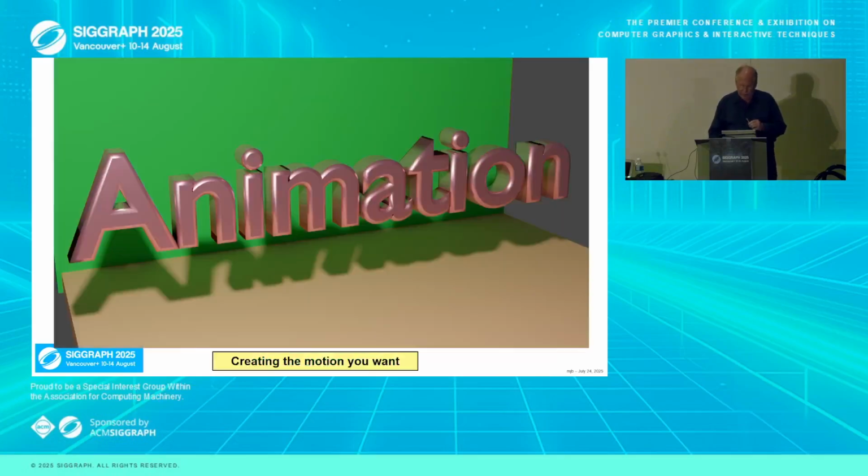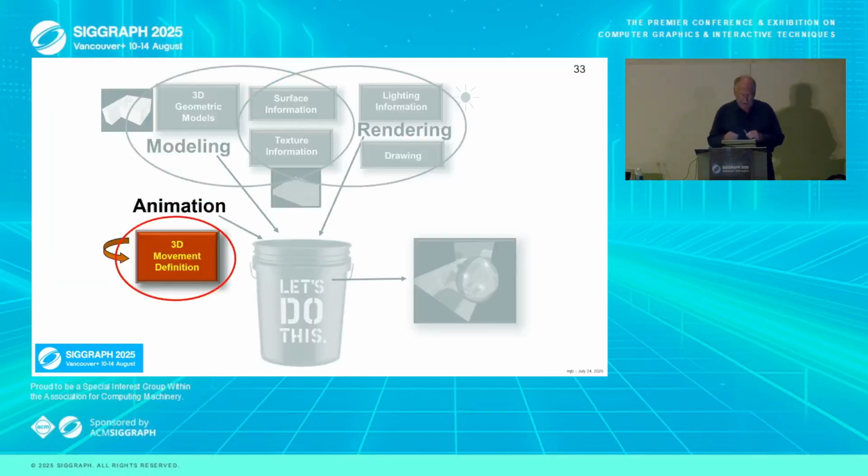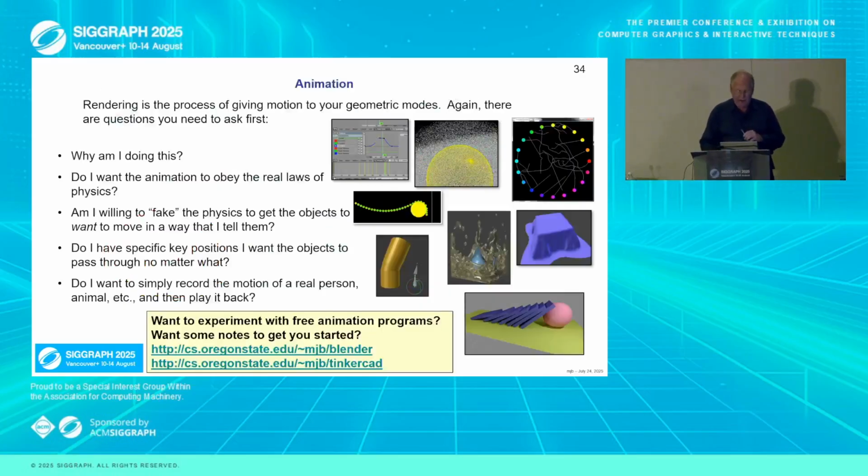All right, let's talk about animation. I promised you Whirlwind. Okay, in the global scheme of let's put it all together, animation fits over here. And animation is just a way of getting things to move. But like modeling, you start out with, why am I doing this? What is it I'm trying to accomplish? Do I just simply want to make something move from here to here?